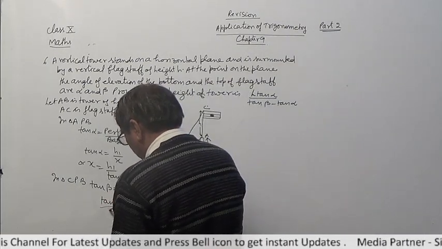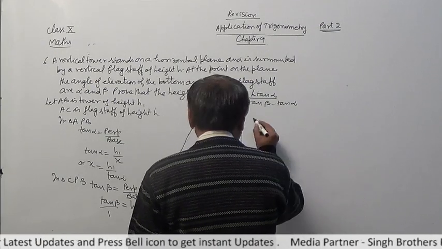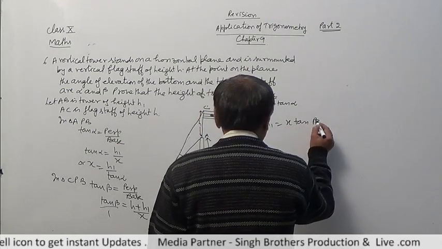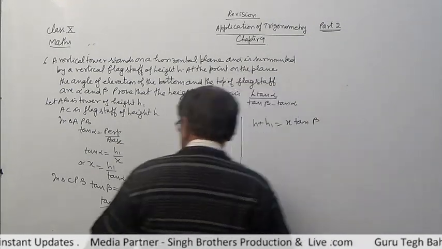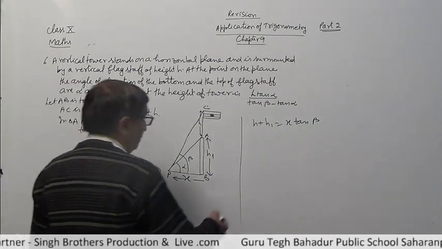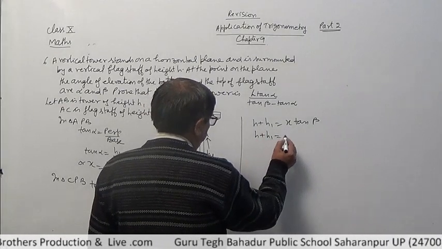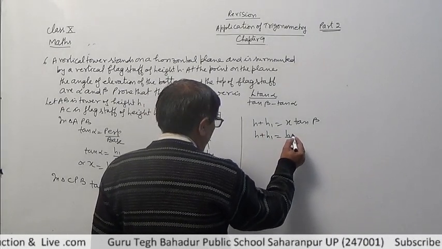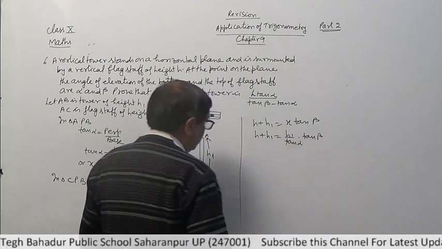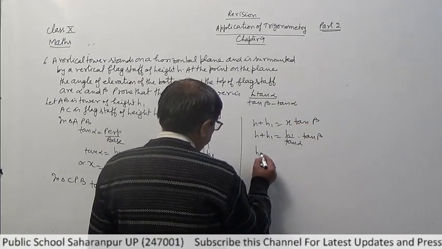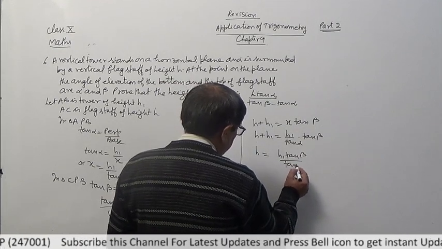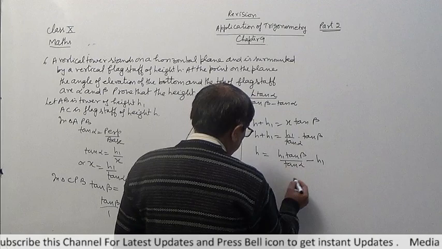Cross multiply, h plus h1 is equal to x tan beta. The value of x is h1 upon tan alpha. So h plus h1 is equal to h1 upon tan alpha into tan beta. Now taking h1 on this side, h is equal to h1 tan beta upon tan alpha minus h1.